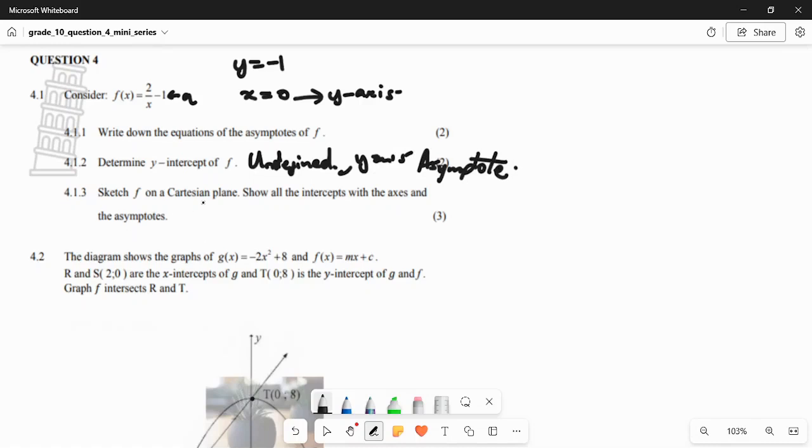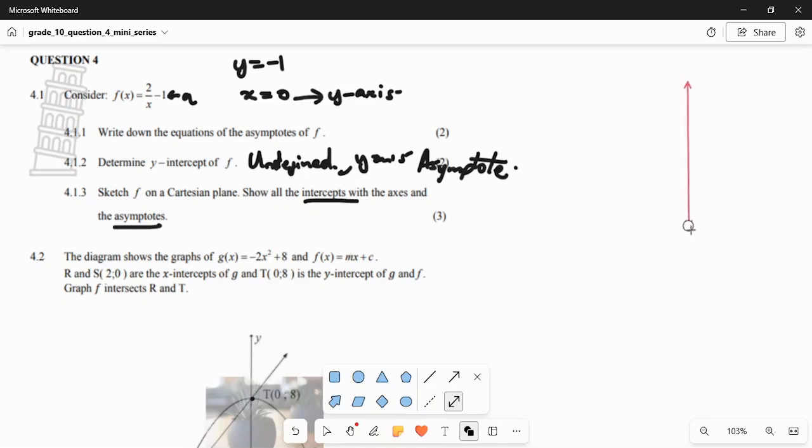The third question: sketch f on a Cartesian plane, showing all the intercepts with the axes and the asymptotes. Let me quickly draw my Cartesian plane. That's our y-axis, and then our x-axis.